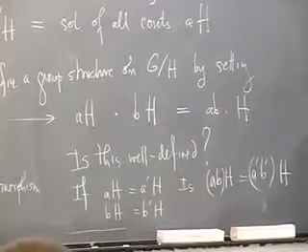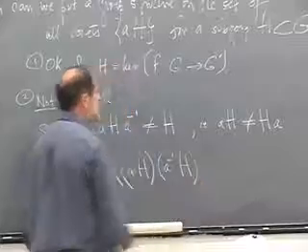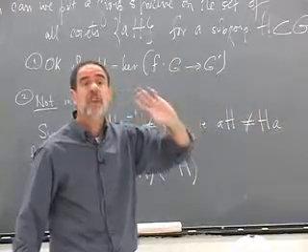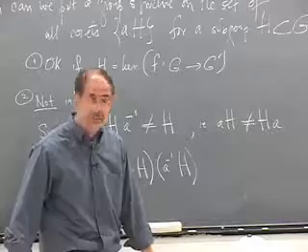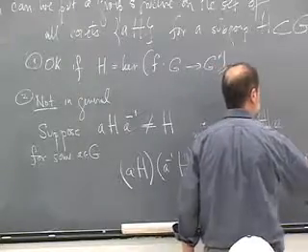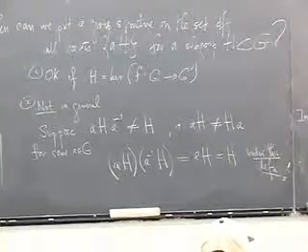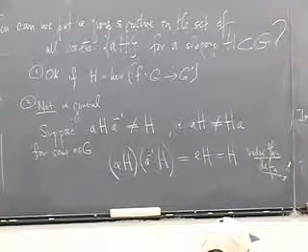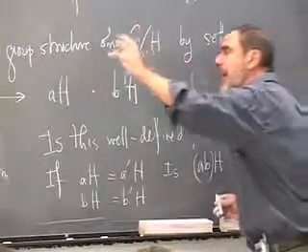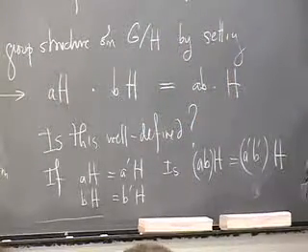Because let's multiply the coset AH by the coset A inverse H. Under this definition, it would get me the coset H, because A times A inverse is E. So this would be EH, which is equal to H. Since this would be true for any A prime in AH and any B prime in BH, this definition will only work if the product of anything in here times anything in here is in this coset.